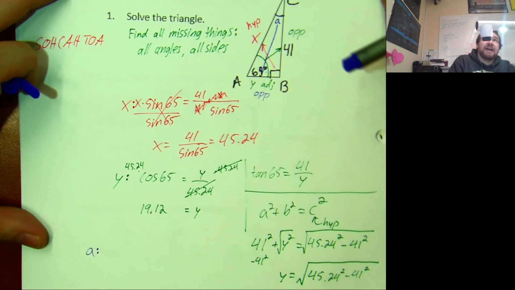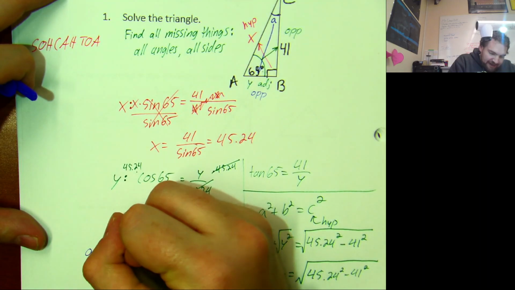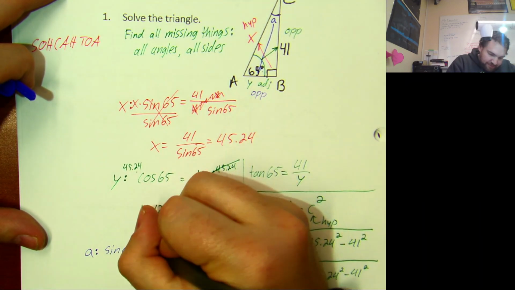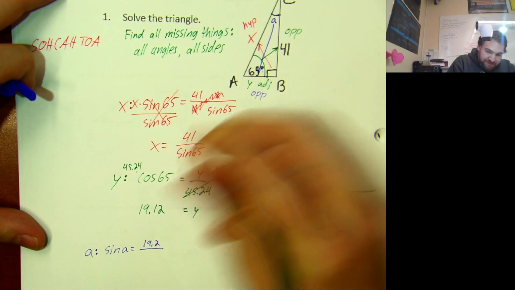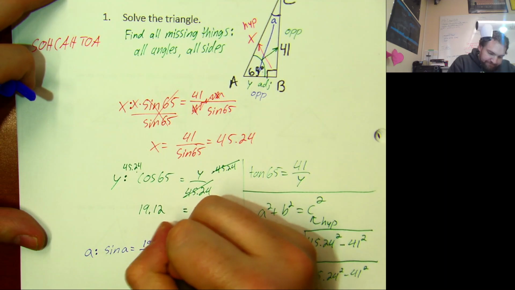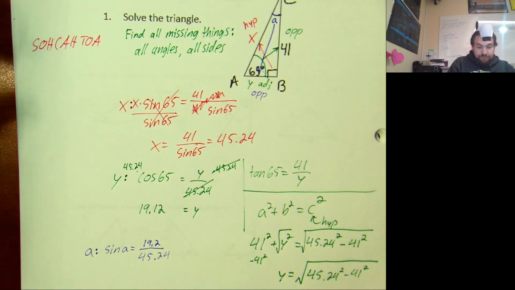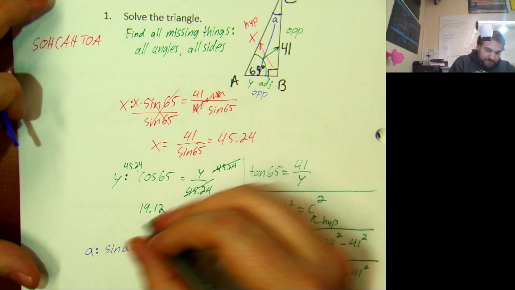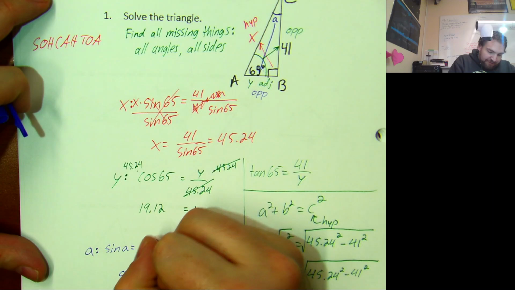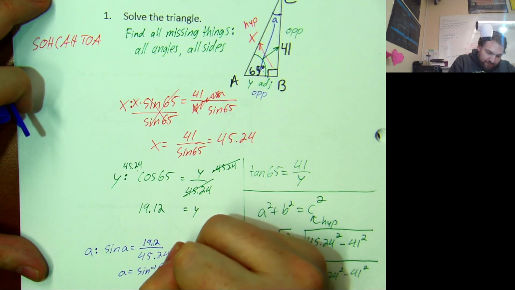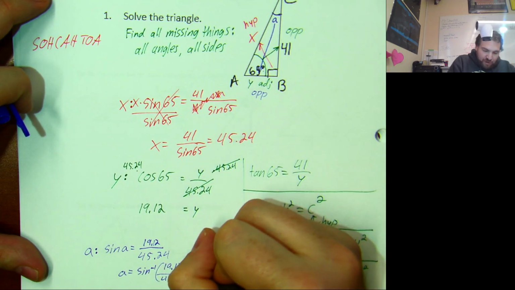So sine A equals y, 19.12, opposite over hypotenuse, which we found to be 45.24. So then A equals the sine inverse of 19.12 over 45.24, which is what?